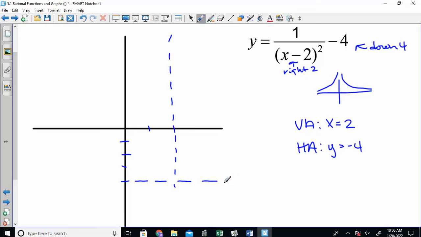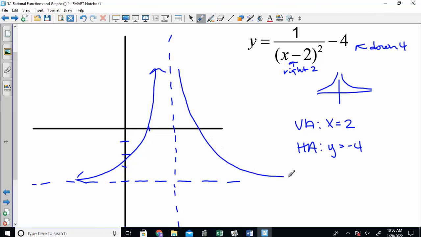So on some of your homework questions, it asks you for your asymptotes. You don't even have to draw the graph if all we need are the asymptotes. Just think about how they would move. And then we know the graph for this is both ends going up. What's the domain?